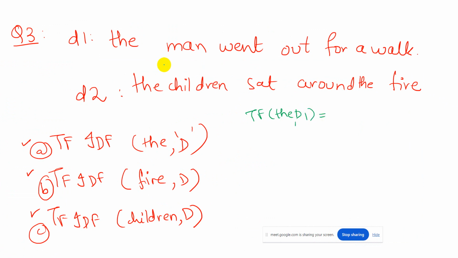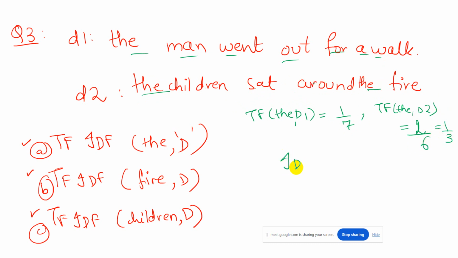How many terms are there? 1, 2, 3, 4, 5, 6, 7. That is 1 by 7. And term frequency of "the" in D2. That is 2 by 1, 2, 3, 4, 5, 6. Yeah, that is 1 by 3.